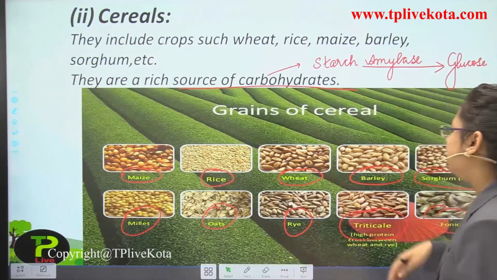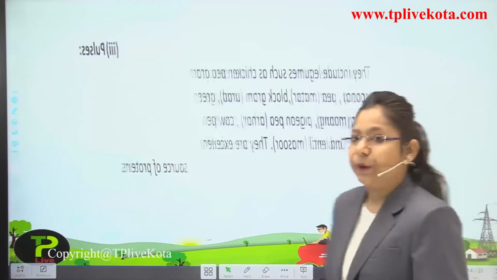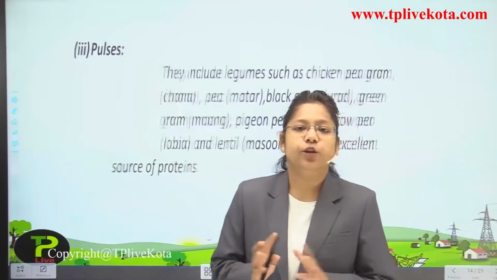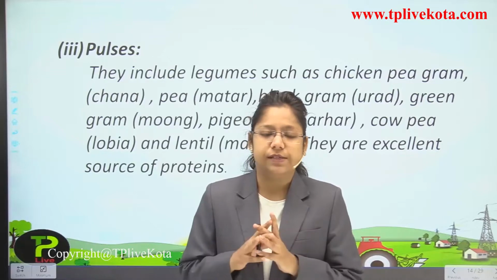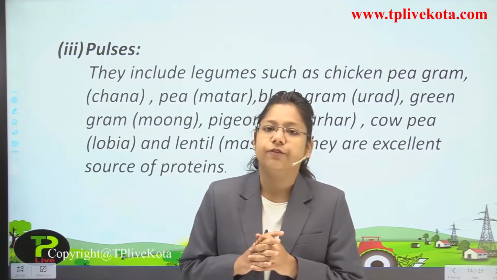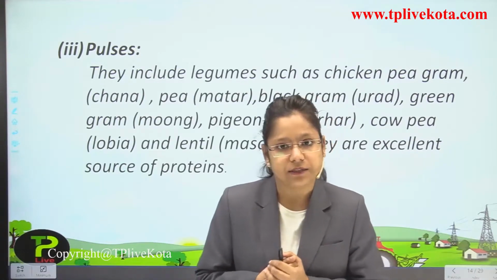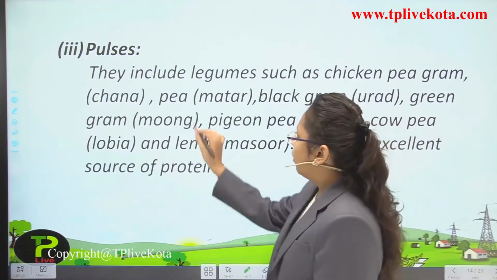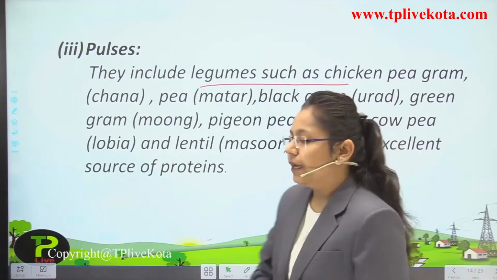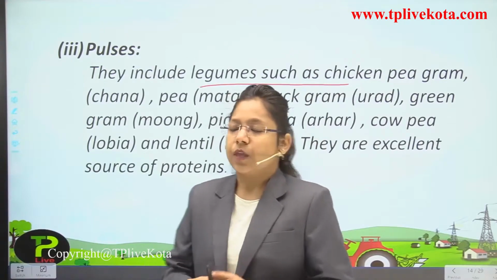Now moving on to the next slide, we are going to see what pulses are. Each and every human being consumes pulses. Now, how are pulses obtained from our soil, and why are they useful for us? So, let us see that it includes all the legumes. The legume part of the plant is known as pulses.